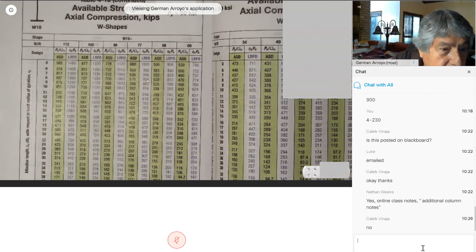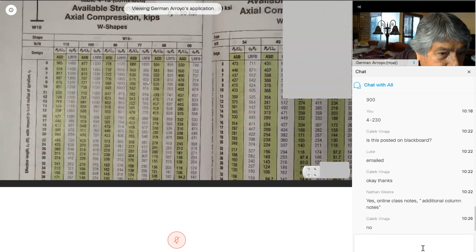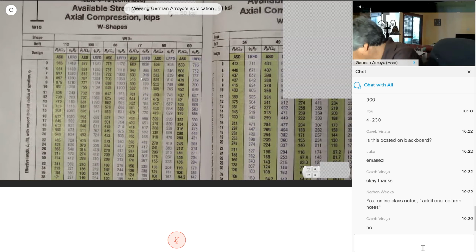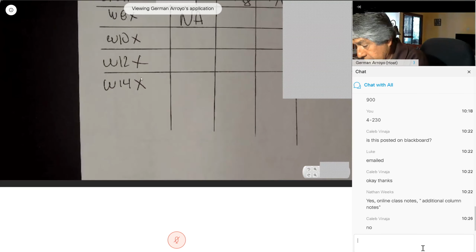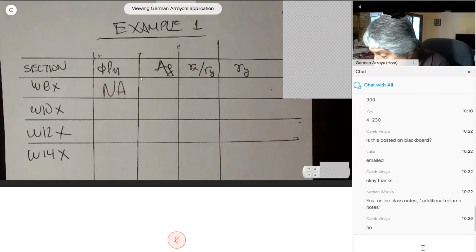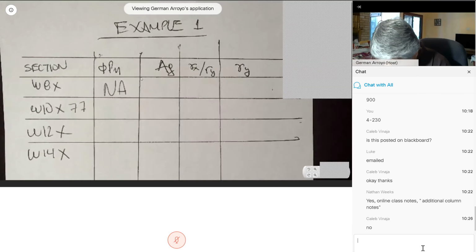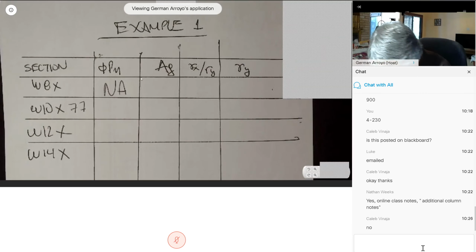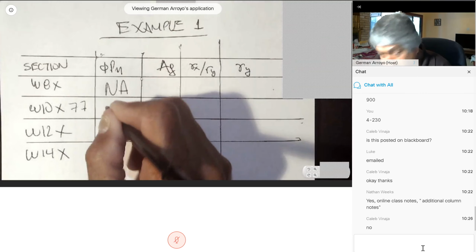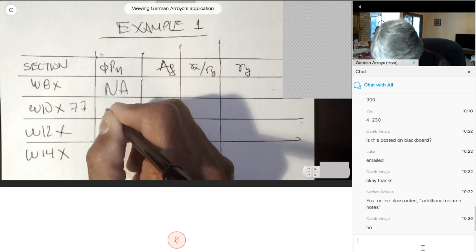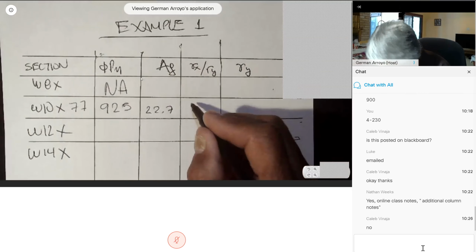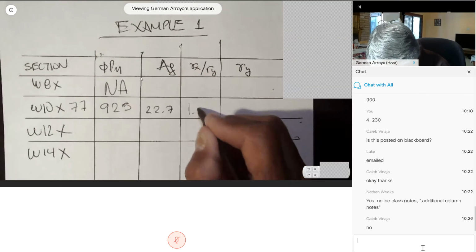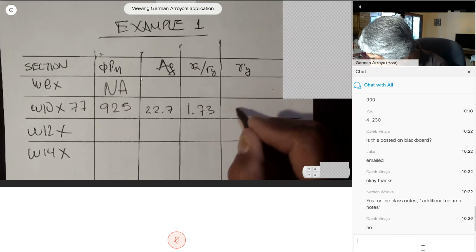And the value of phi Pn is given in here. So I'm going to fill this. W10 by 77. The phi Pn is 925. The gross area is 22.7. Rx over Ry is 1.73, and Ry is 2.6.